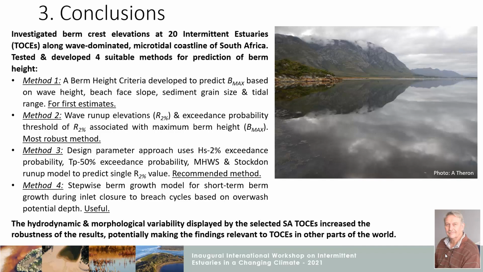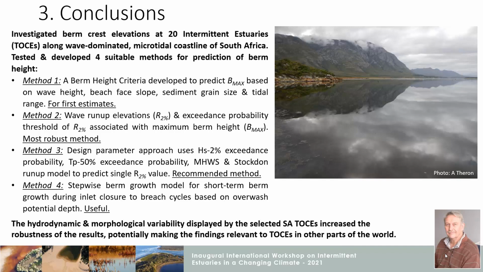The second method determines the wave run-up elevations and the exceedance probability threshold associated with the maximum berm height. This method is the most robust, but it is the most onerous as well.